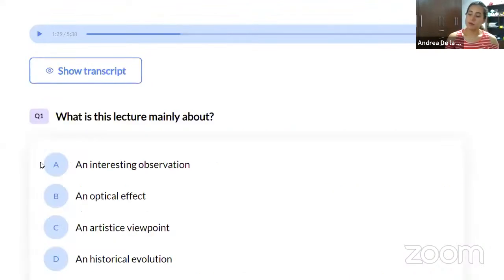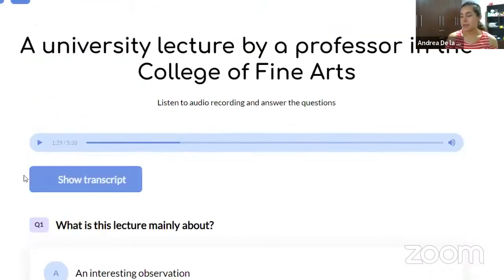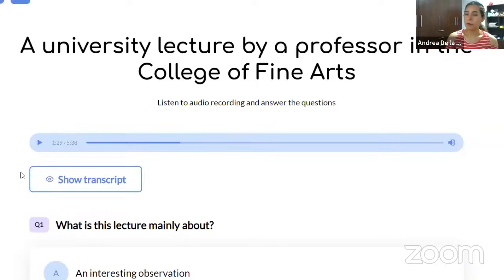Okay, guys? So I know that right now it seems a little complicated. It is complicated, I won't lie to you, but it takes overall practice. It's about practicing as much as you can. And it definitely takes other skills as well, like note taking and vocabulary that you have to improve. But what I would suggest if you really want to improve your listening skills is listening to at least one lecture every day.